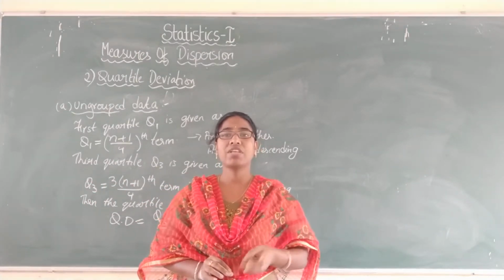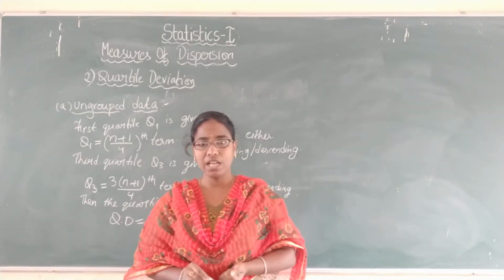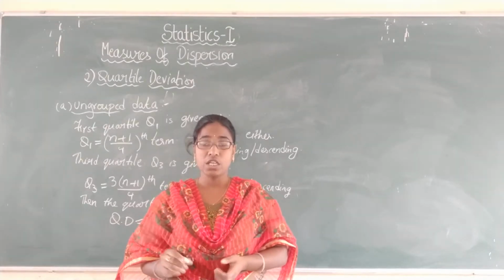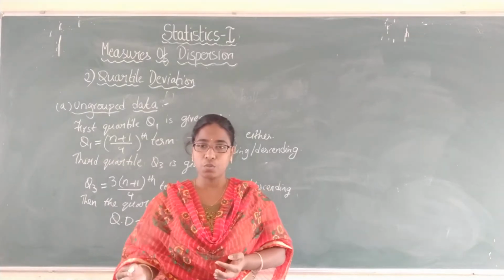Since we will be having 3 quartiles, Q1 is considered the lower quartile and Q3 the upper quartile. So the difference between the two quartiles means Q3 minus Q1.